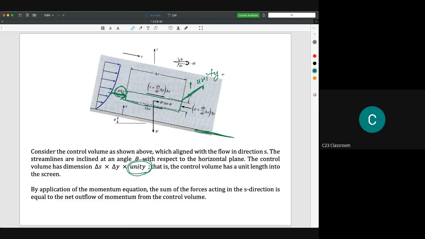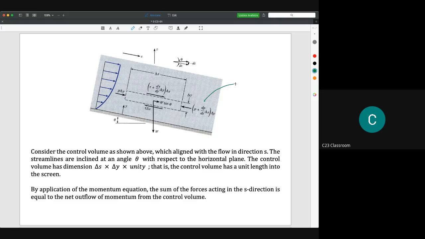Here we have another pressure. The pressure at this point is different from the pressure at the inlet point. So we write the pressure at the outlet, at this surface as shown in the diagram, as P plus dP/ds delta S, times dy.